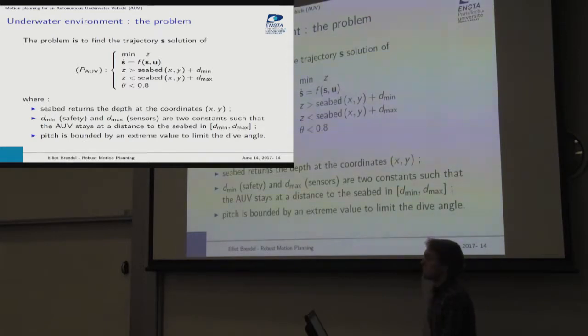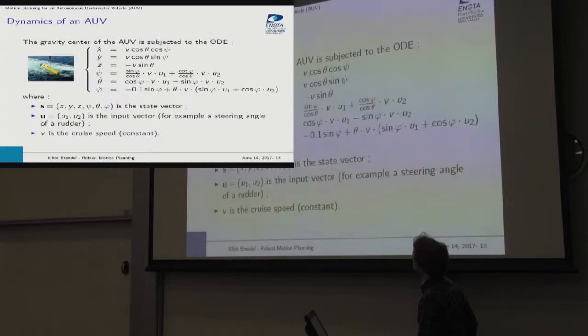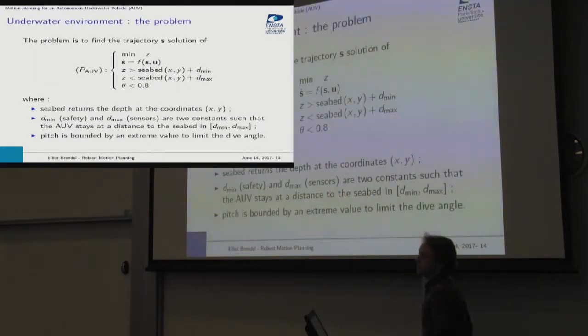But probably you will have to cross a singularity in the state model, when you divide by cos theta. Well, that's not a problem. We can add this constraint to avoid the singularity. That's not a problem.